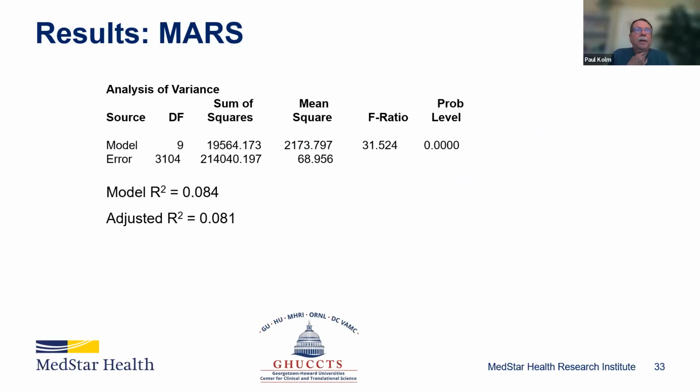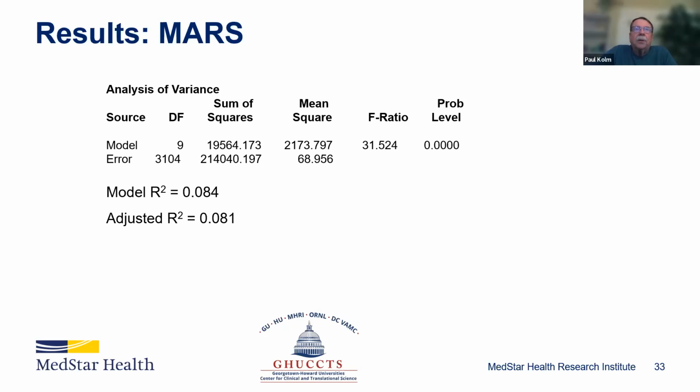So the results here, we do our analysis of variance table. We see we have a statistically significant model, but look at the R squared. Now we've improved it from 0.06, but it's only improved to 0.08. So this really illustrates that even though our MARS model might be better, it's not really any better in terms of prediction than our least squares model in terms of the R squared.